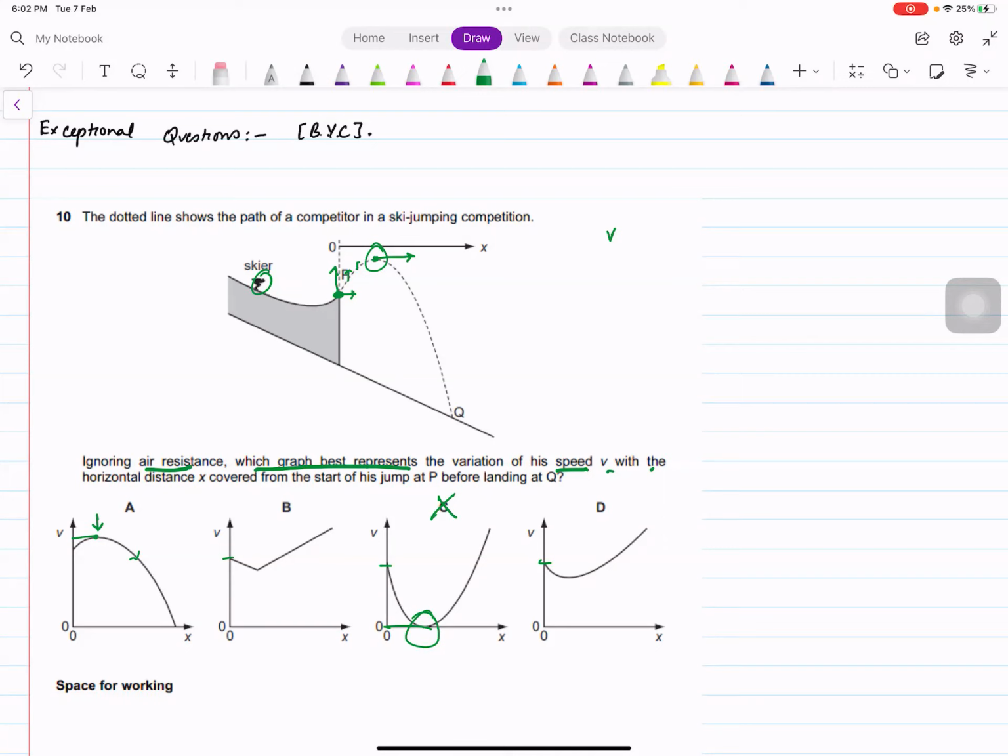Because the vertical component is decreasing. Yes, the vertical component is decreasing. So at the highest point, the overall velocity will be minimum, not zero. All right. So that means that this answer is absolutely wrong. Do you understand this?